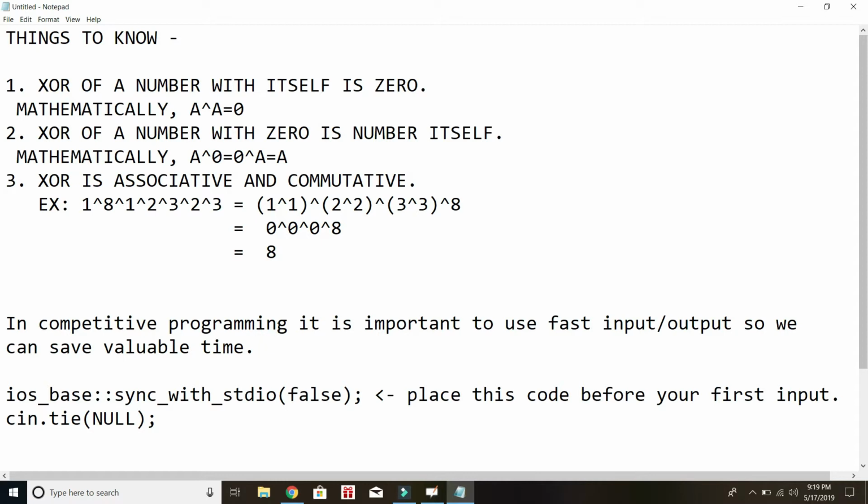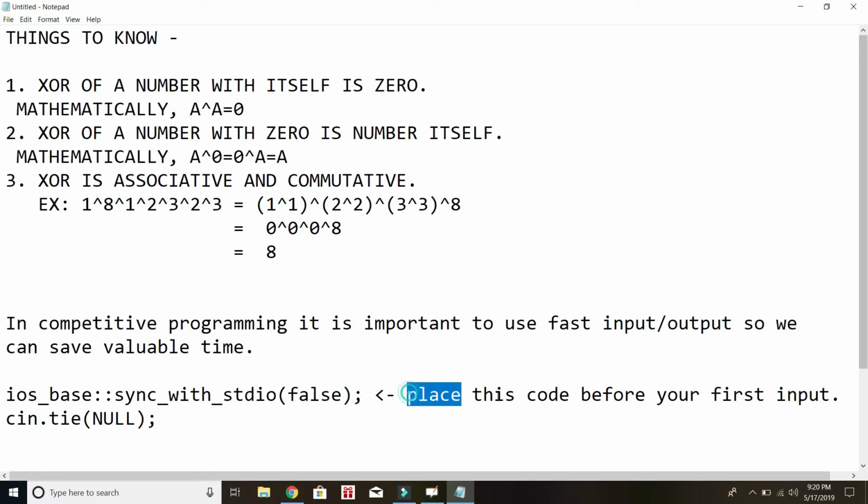So to avoid this time limit exceeded error, you need to use this code, ios_base::sync_with_stdio(false). By default it's true, so you need to set this to false.